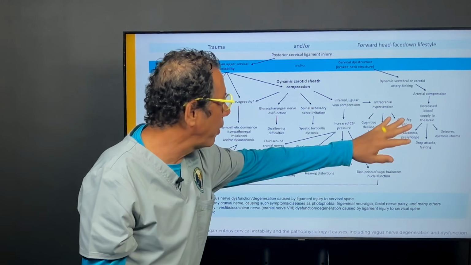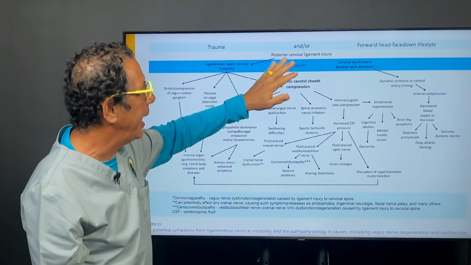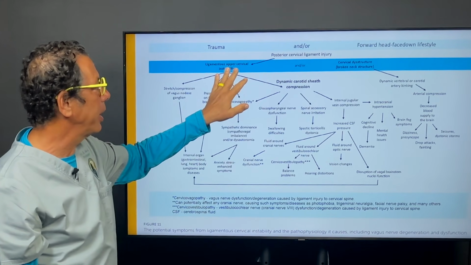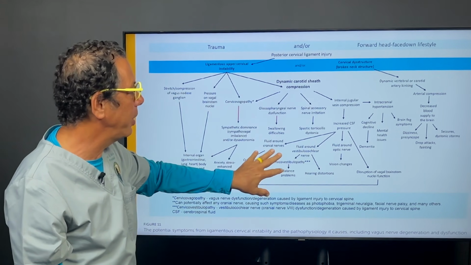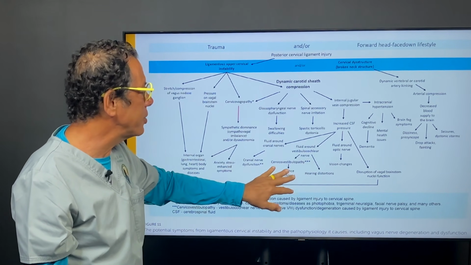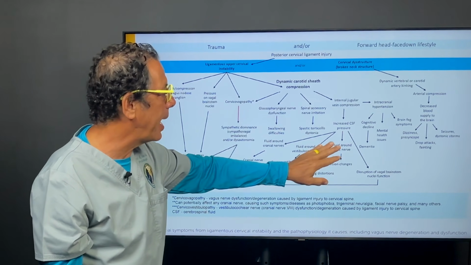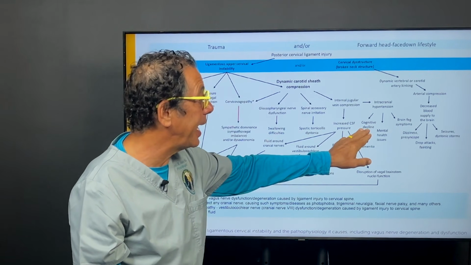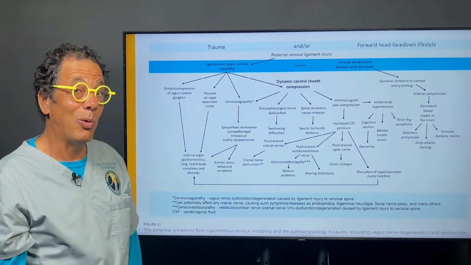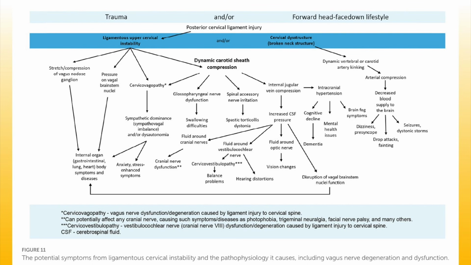And this just shows all the different ways that breakdown of the neck curve or ligamentous upper cervical instability causes all kinds of problems, including swallowing problems, spastic torticollis, increased brain pressure, cognitive decline. If you have an older parent that's having cognitive decline, it's probably their jugular veins are blocked.